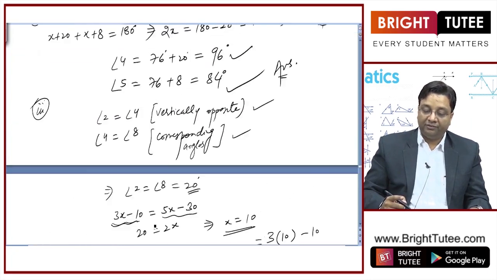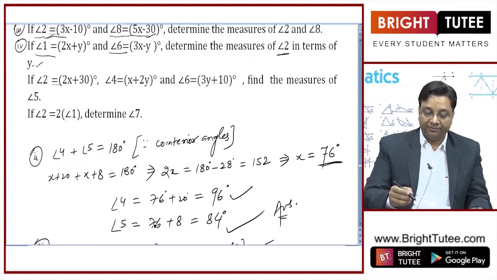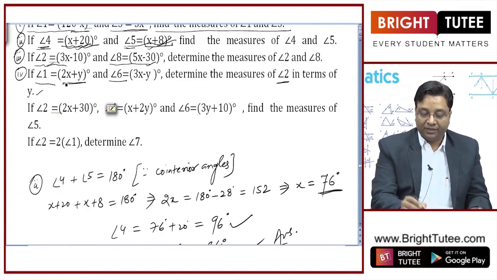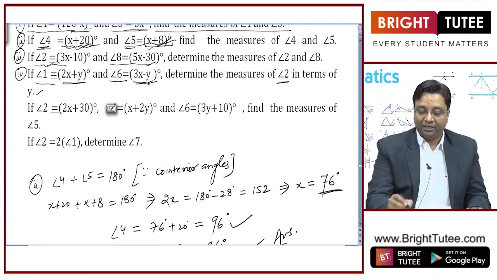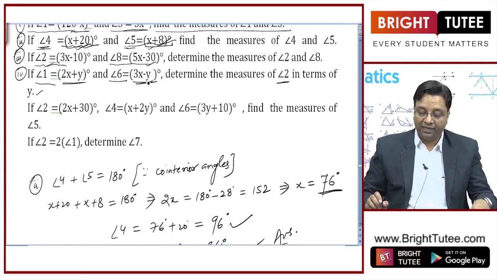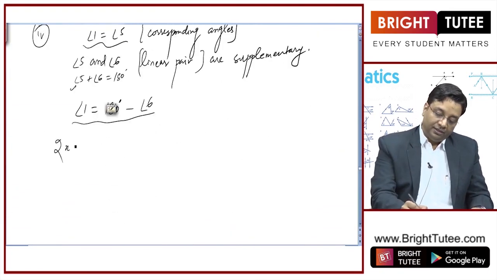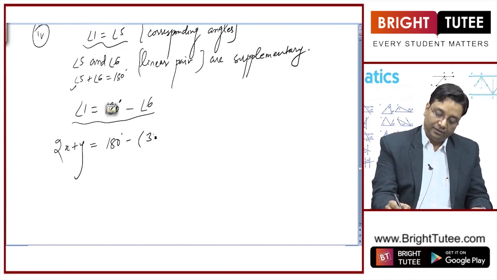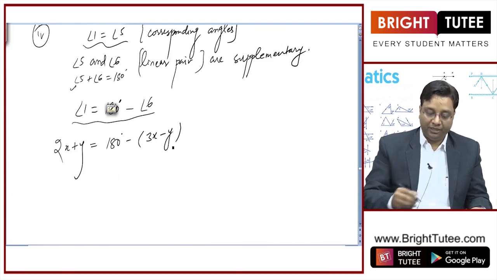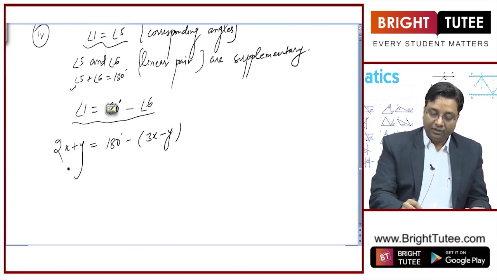Now I put their values in terms of x and y. So 2x plus y for angle 1 and 3x minus y for angle 6. Right, these are the values. Now let us solve it. 2x plus y is equal to 180 minus (3x minus y).